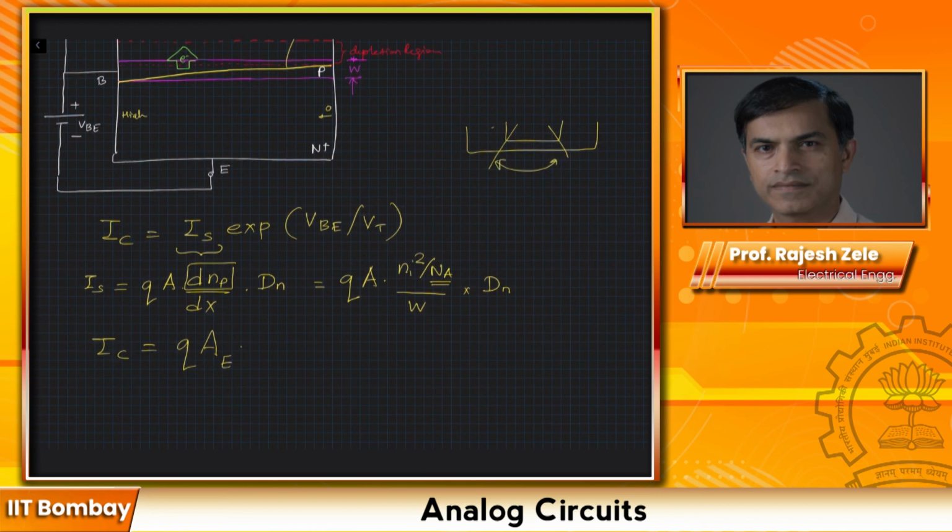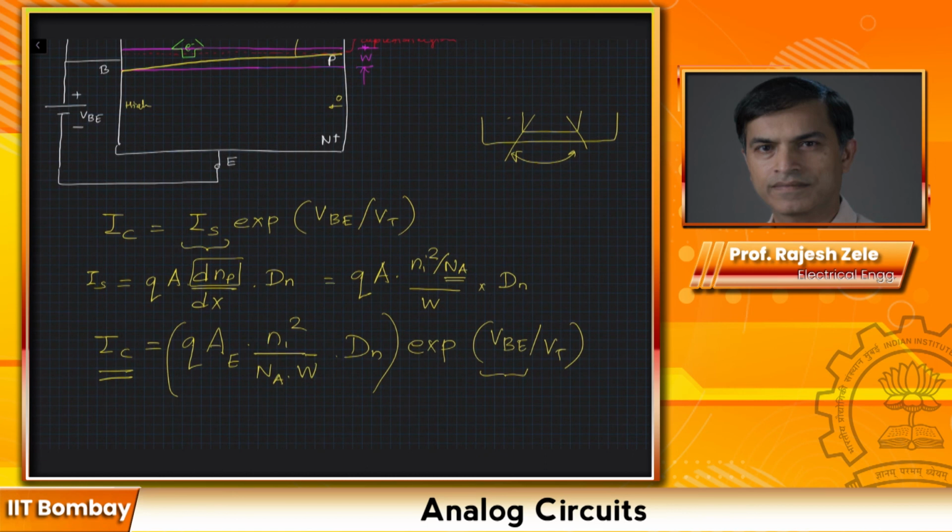Multiply that by Ni squared divided by NA and the width of the base, multiplied by the diffusion constant Dn and the exponential of VBE by VT. So the collector current IC is dependent on the base to emitter junction forward bias. Okay, so that's the main observation.